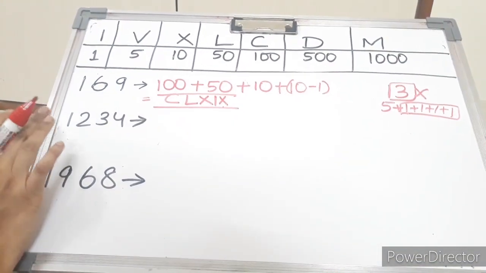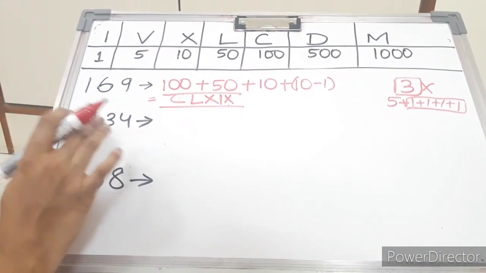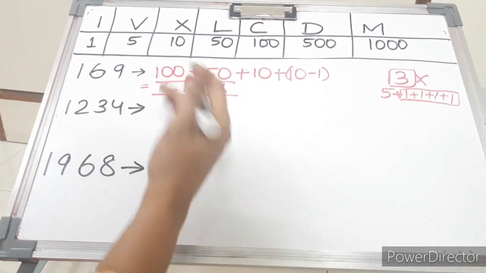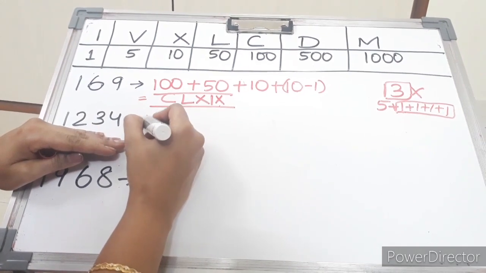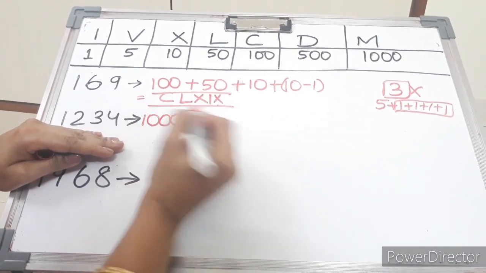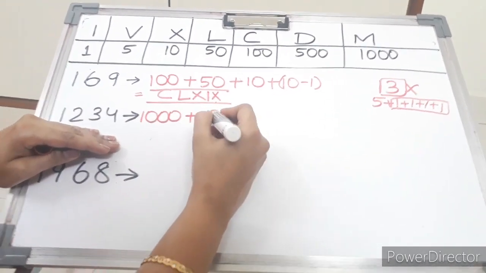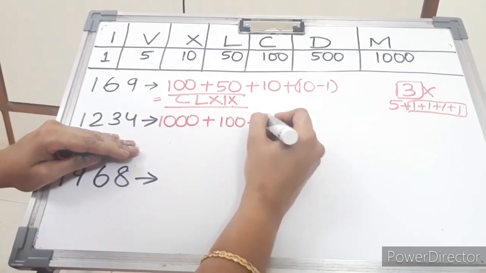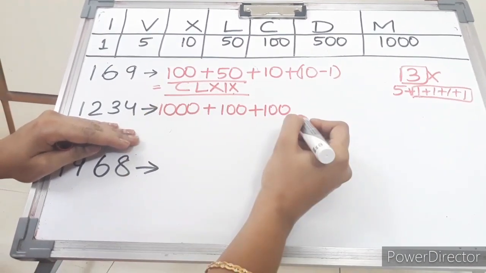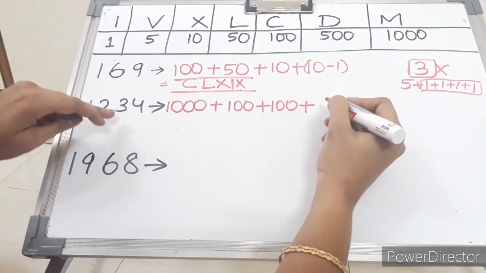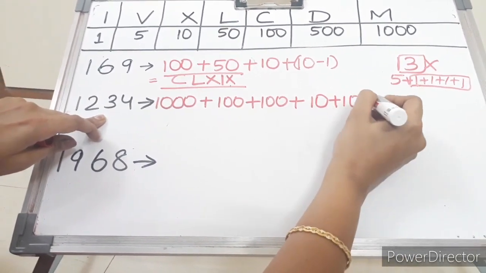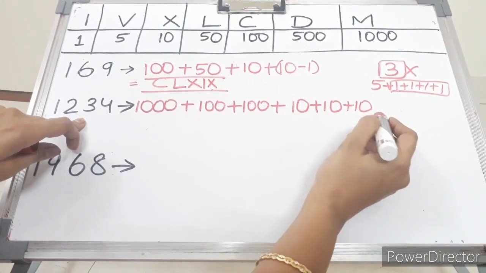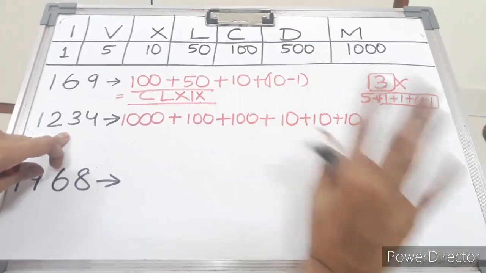Okay. Coming towards the next question, 1234. Suppose the number is 1234. This is very easy. The only thing you have to see is how you can simplify it. 1000 plus 100, again 100. What is this? 1200. Now 3. 3 means again we have to take the tens number 3 times. 3 times we can take, but more than 3 times we cannot take.